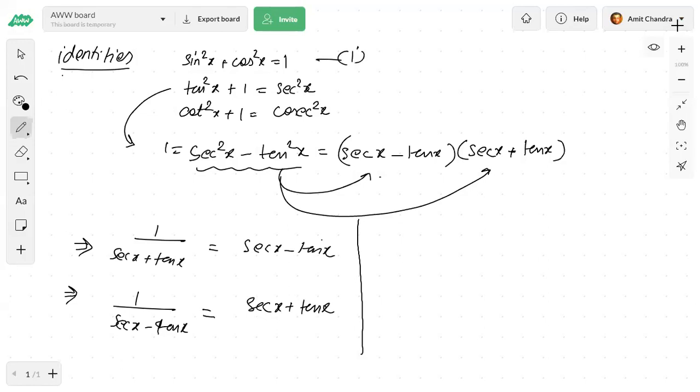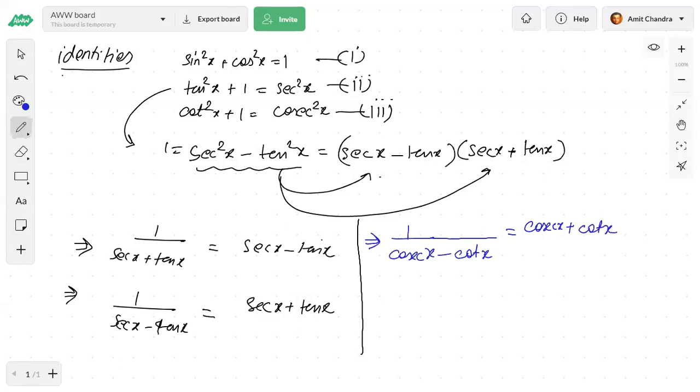If I use the third identity, I can write 1 by cosec x minus cot x is equal to cosec x plus cot x.